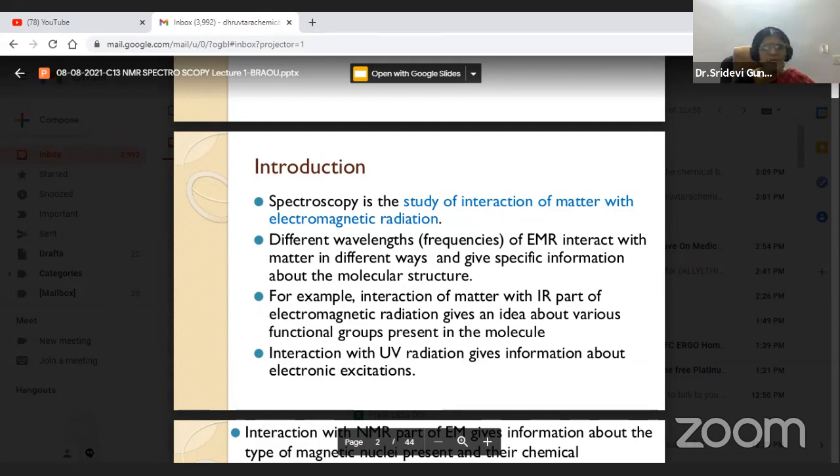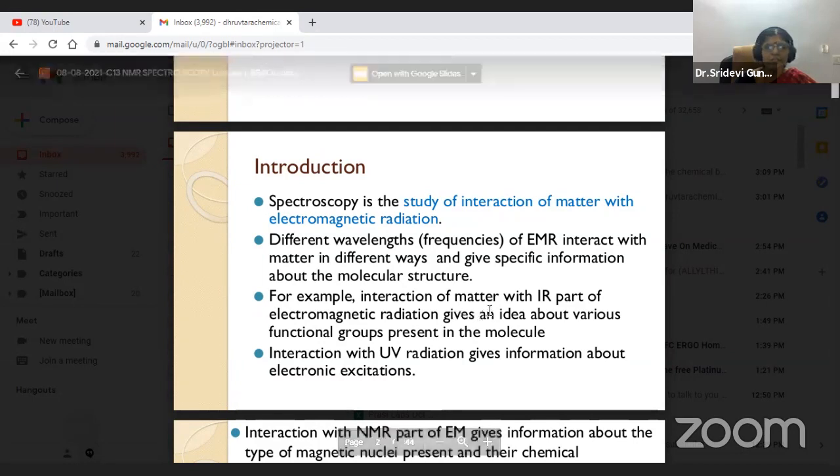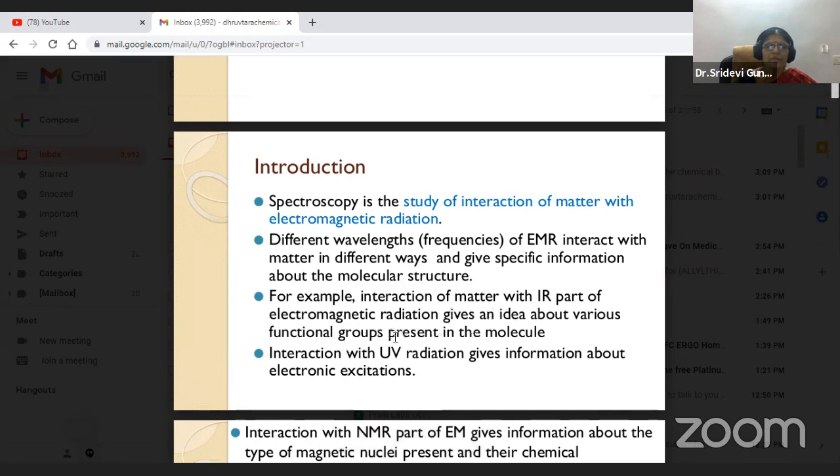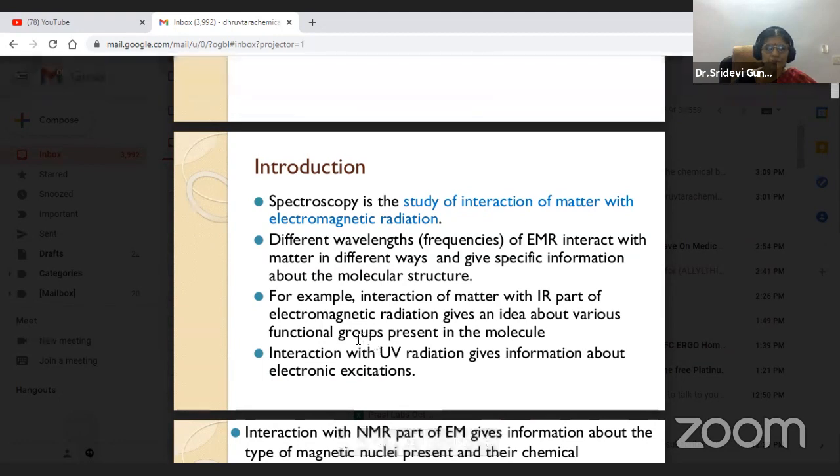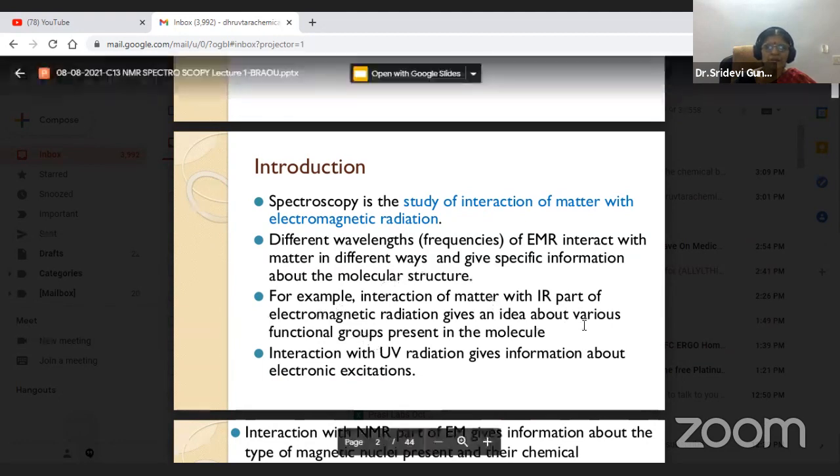For example, interaction of matter with the IR part of electromagnetic radiation gives an idea about various functional groups present in the molecule by way of stretching frequencies. For example, you have a carbonyl group in the molecule, you get carbonyl absorption in the IR part of the radiation.